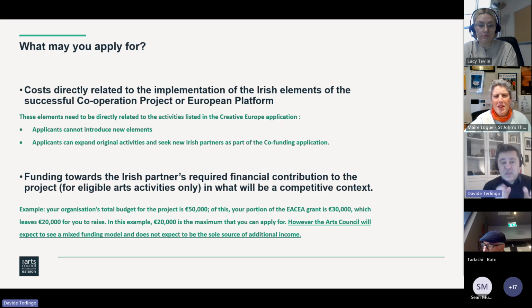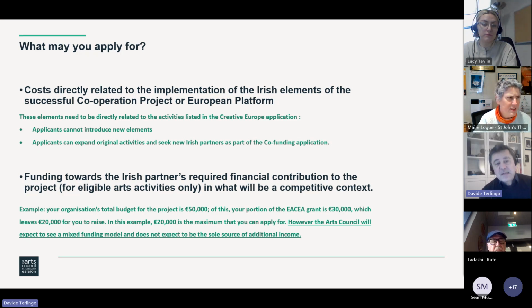It's very important that when you apply to the co-funding award, we need to see evidence that the activities you're applying for are directly related to the original application you submitted to Creative Europe. Please keep in mind that you cannot introduce new elements. For instance, if your application to Creative Europe included a series of residencies, talks and perhaps mentorship programs for artists, you cannot apply for something entirely new.